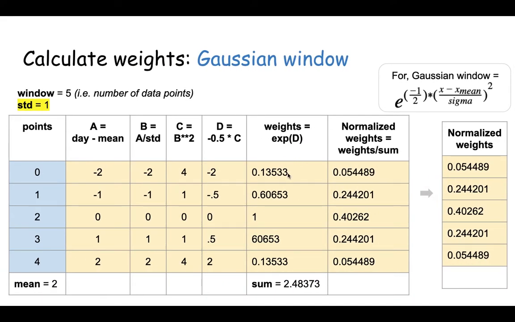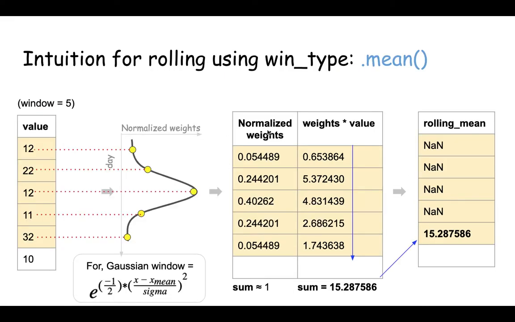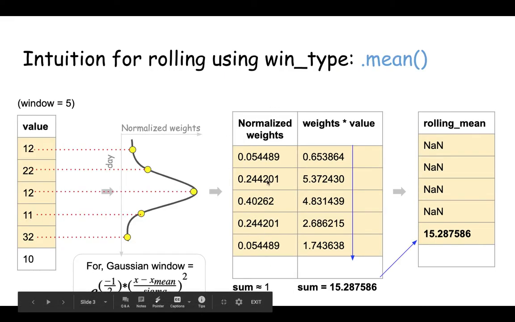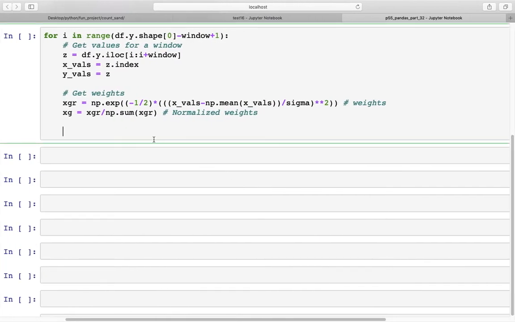So as you see here in this slide, we have these weights now calculated, which is xg, and we are now going to work on this column. So to do that, let's say multiply y with weights, normalized weights.